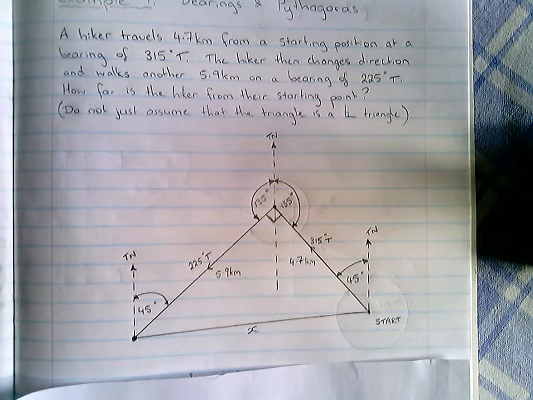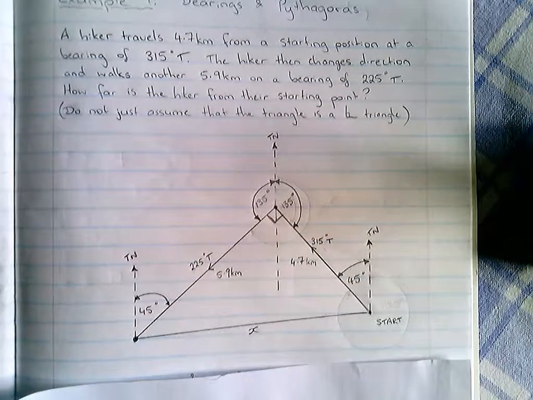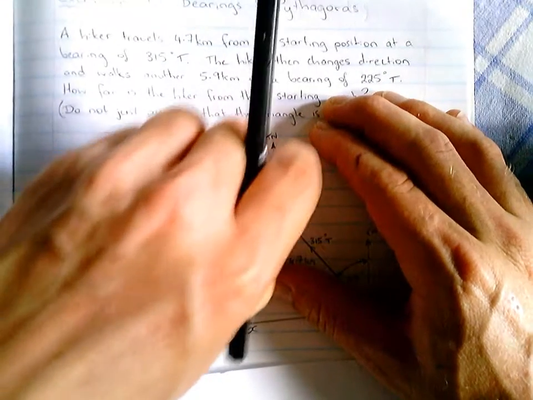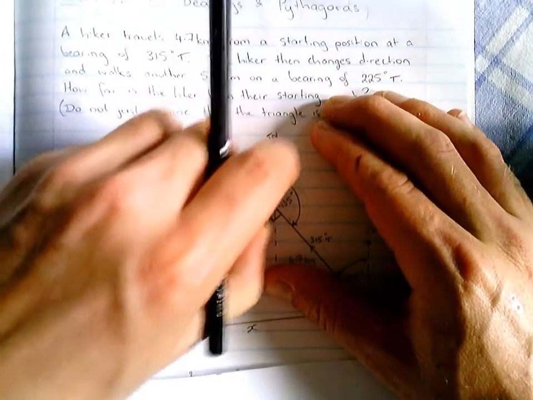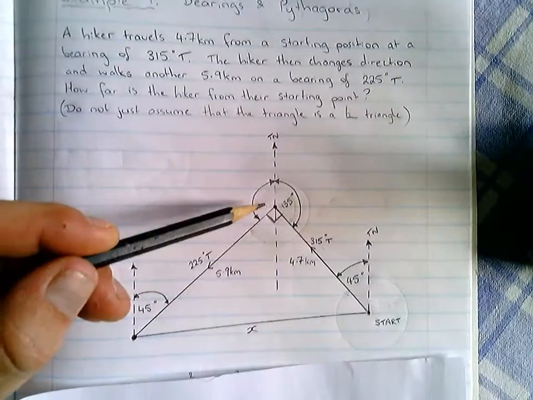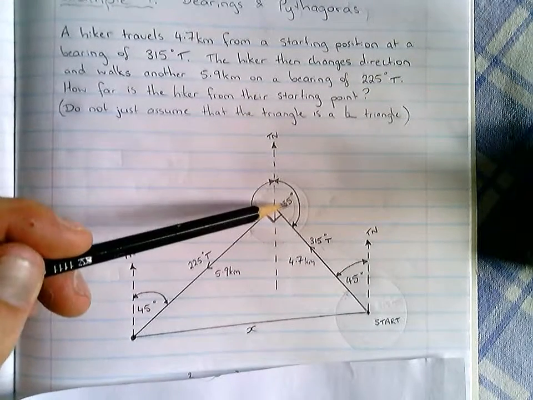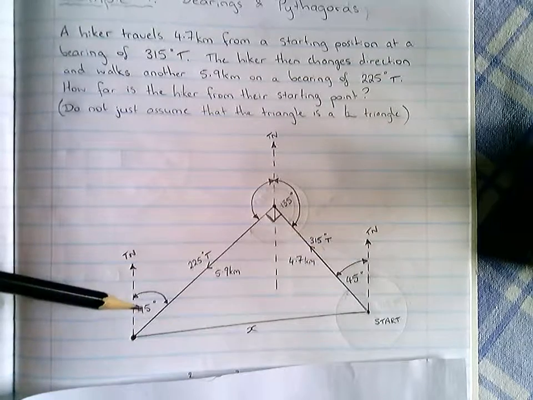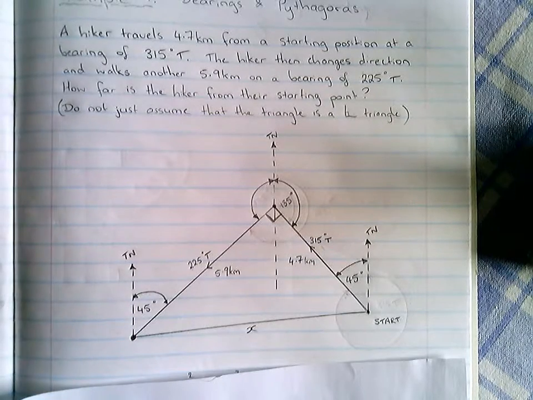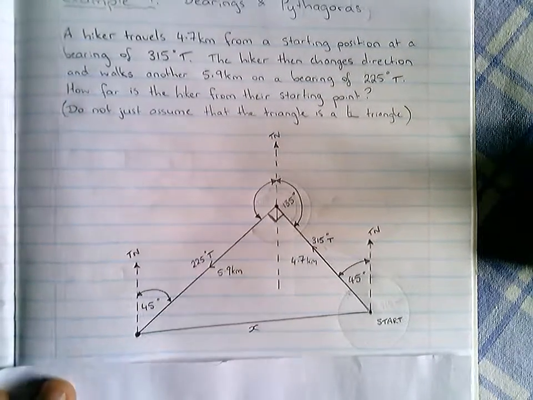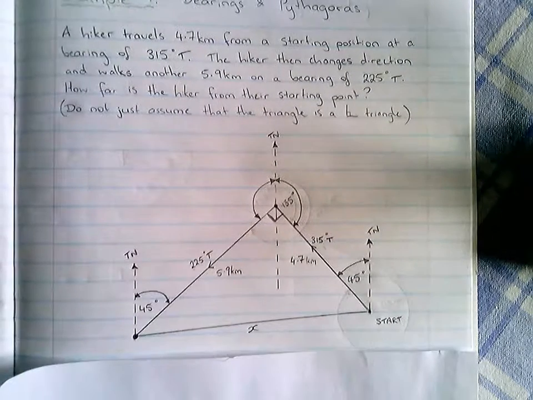Now you'll note that there are values throughout this illustration that you're not given. For instance, you're not actually given this value here, nor are you given this, this, or this. These you can rationally figure out using basic geometry.